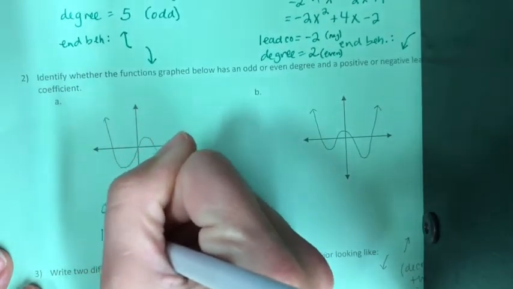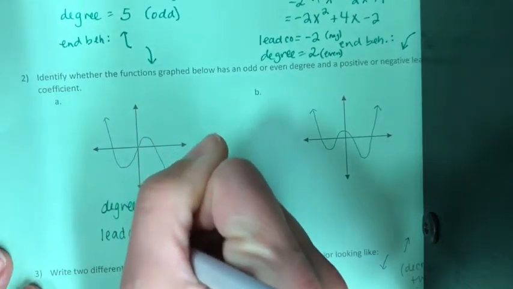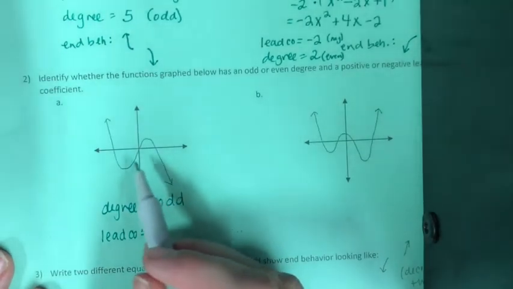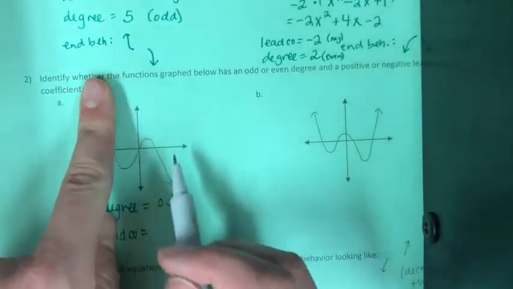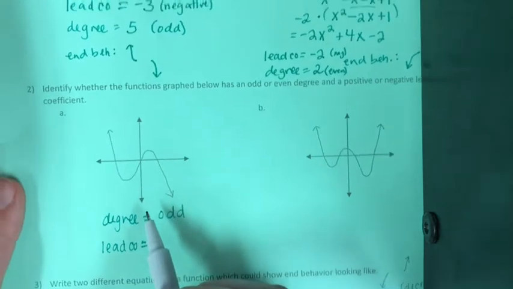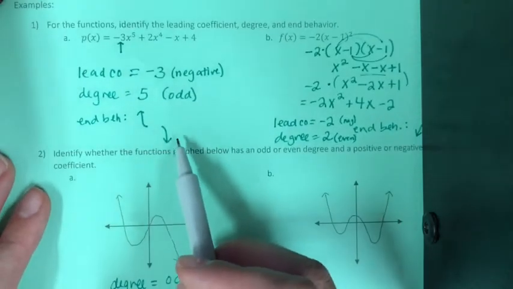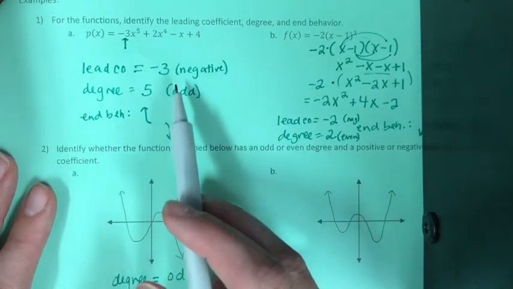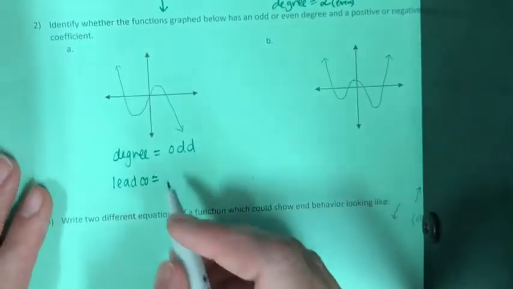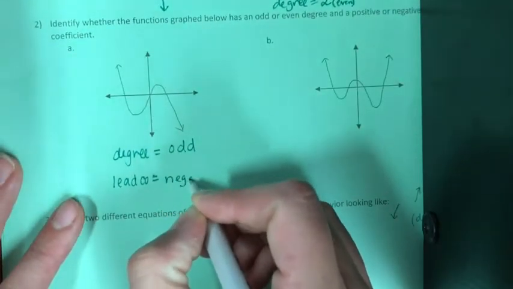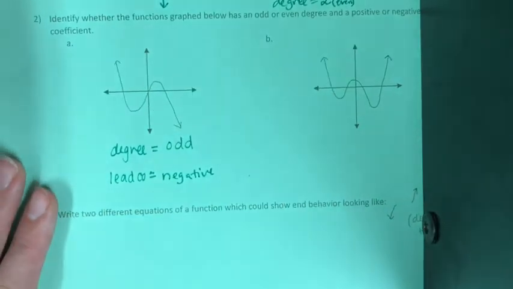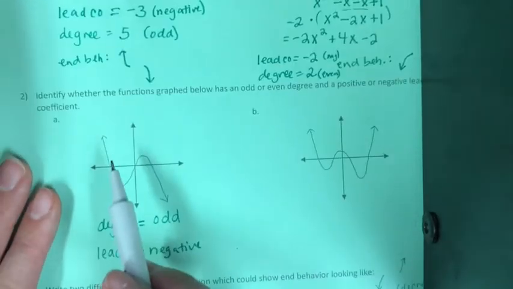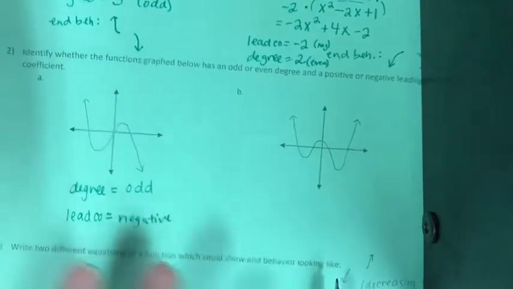And then my leading coefficient, well, it's going up and down. I could look in my table. I also know that I just did one like that right here, and that had a negative coefficient in the front. So that should be negative. So it's going up to the left and down to the right.